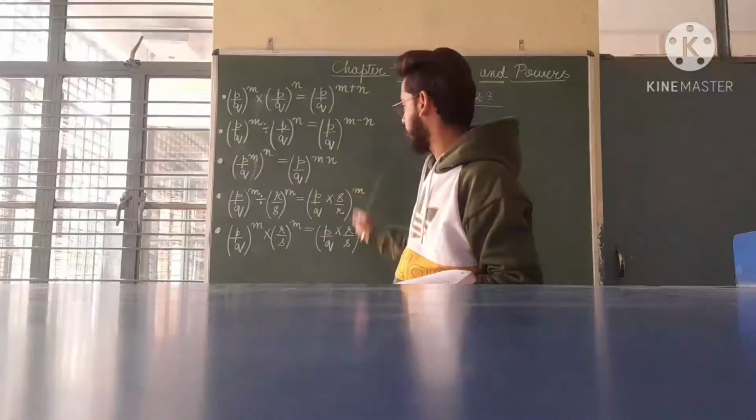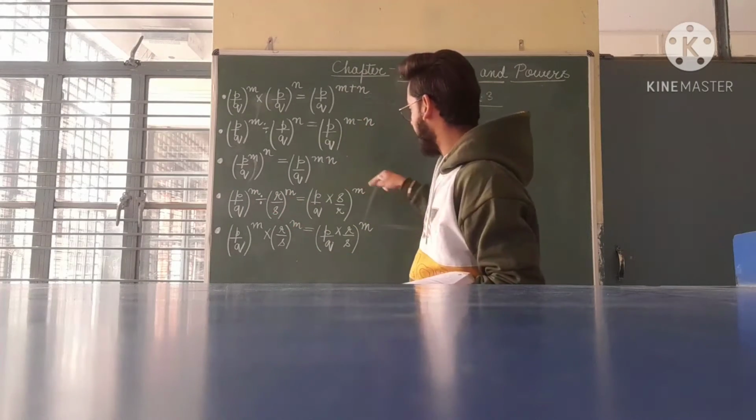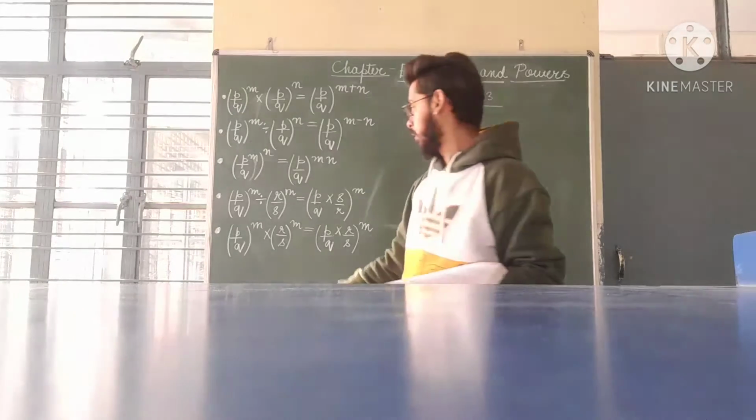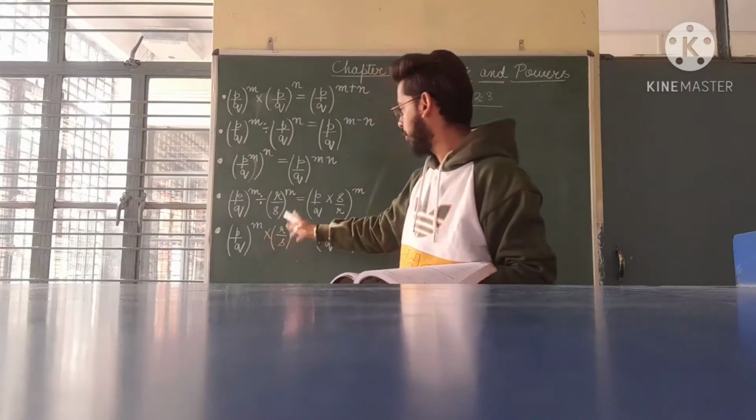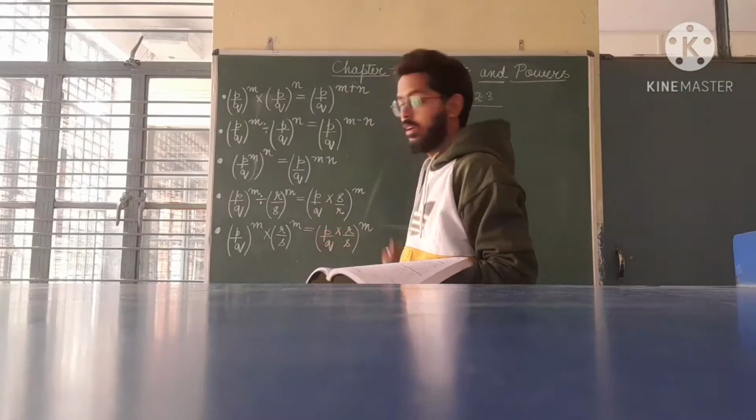That is, p/q into the reciprocal of r/s, which is s/r, and both have the same power m, so we take the whole thing to the power m. Now, if (p/q) to the power m into (r/s) to the power m, then it is (p/q into r/s) to the power m.